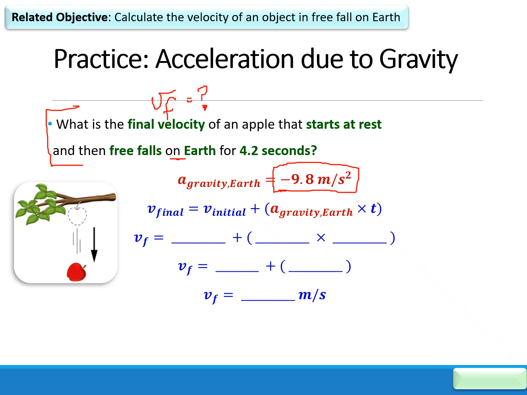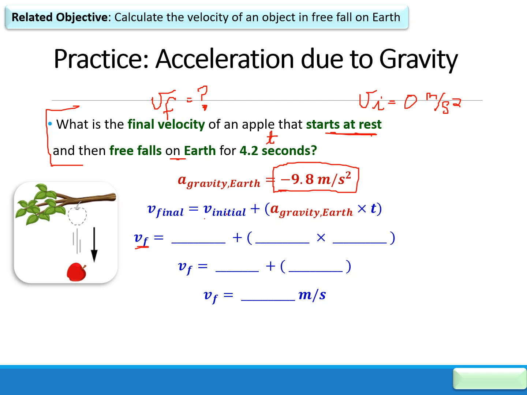Of an apple that starts at rest, that is my initial velocity. And if it's at rest, that means that is 0 meters per second squared. And it's going to free fall for a time period of 4.2 seconds. So this is all of my variables that I need. Notice that I am solving for final velocity.